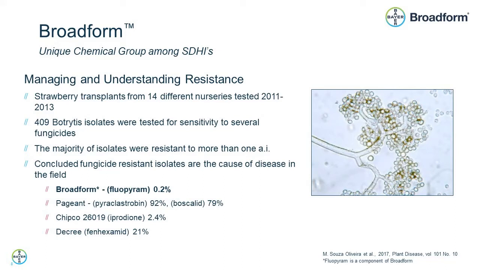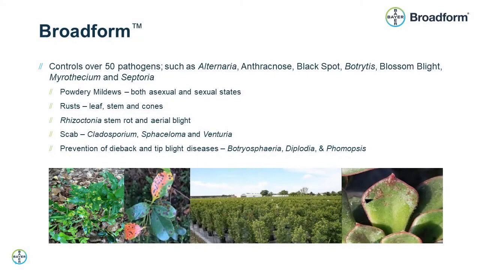In the study shown here, this compares various fungicides' efficacy to over 400 known botrytis isolates. You can easily see that Broadform leads the pack in botrytis fungicidal sensitivity. Broadform remains effective even as disease organisms mutate, rendering some competitive products ineffective over time.